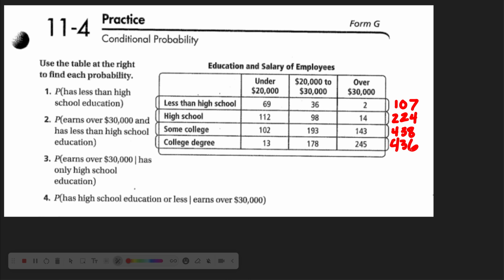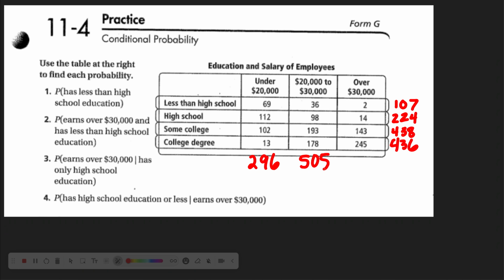And now we're going to add up all the columns too. 69 plus 112 plus 102 plus 13, 36 plus 98 plus 193 plus 178.